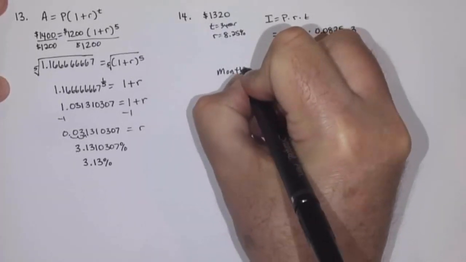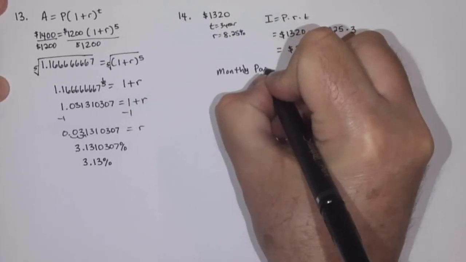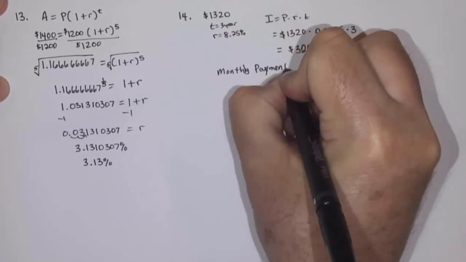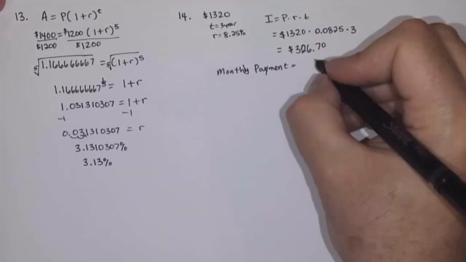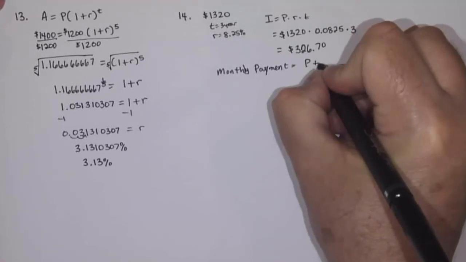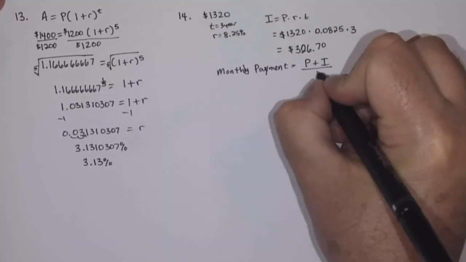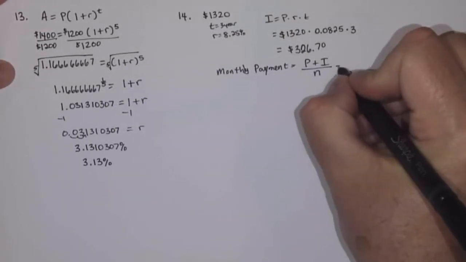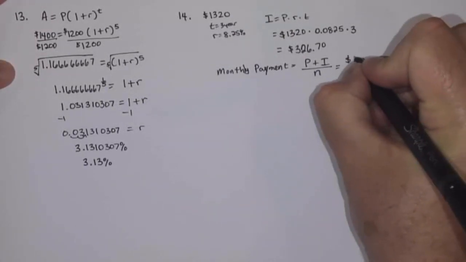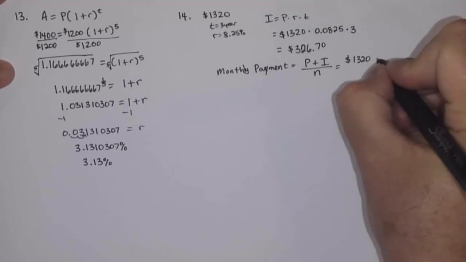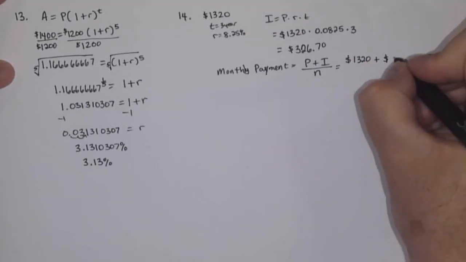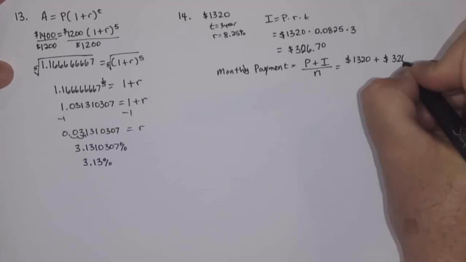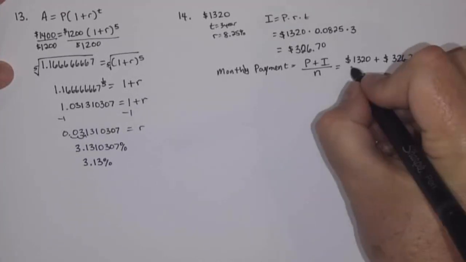Well, his monthly payment is going to equal his principal plus the interest divided by the number of payments that he must make. Well, his principal is the $1,320. His interest, we just figured, is $326.70.